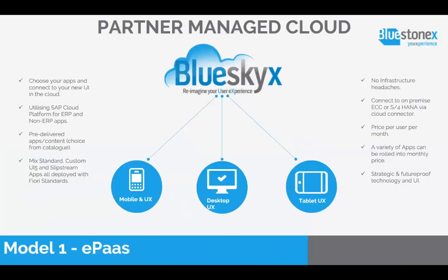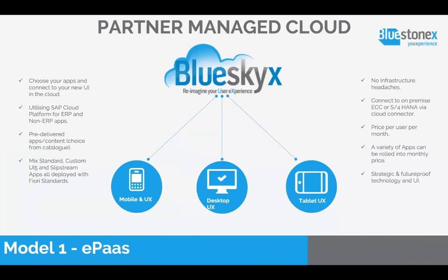I won't go through the benefits, but the partner and the customer work together, either designing new apps or deploying standard applications, Slipstream applications, and all the other technology that is available in the cloud, from workflow to APIs to storing data. There's a huge amount of capability, as we spoke about.